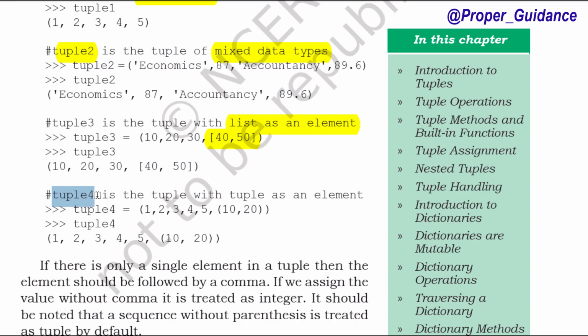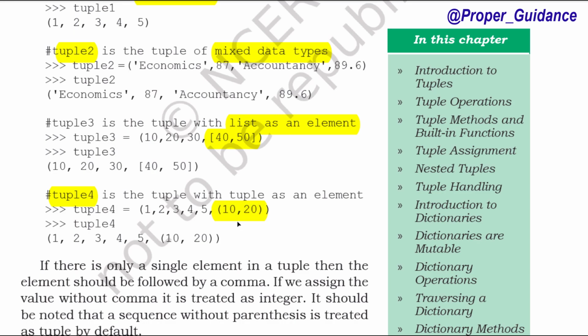And here tuple 4 is a tuple with a tuple as an element, and this is very vital, same as list, where the nested list concept was there in the previous chapter. Here also we get that in a tuple we can use a tuple as an element of another tuple. Here we can say that tuple 4 is the name of a tuple, and the elements are 1, 2, 3, 4, 5, separated by commas, and thereafter there is a bracket, this is the parenthesis, and within the parenthesis there are 2 elements, 10 and 20.